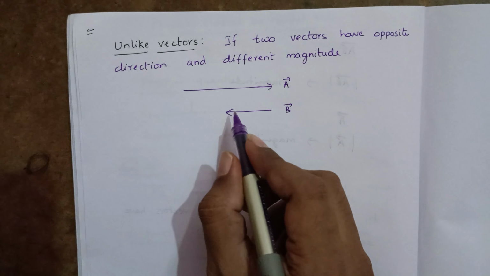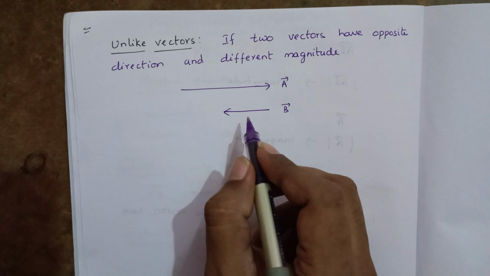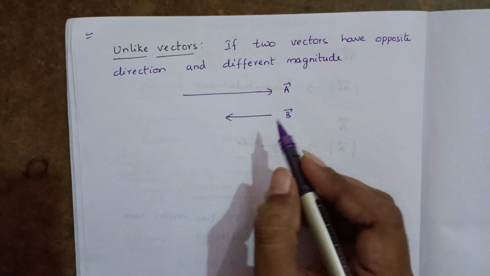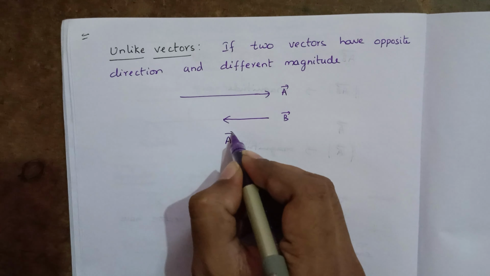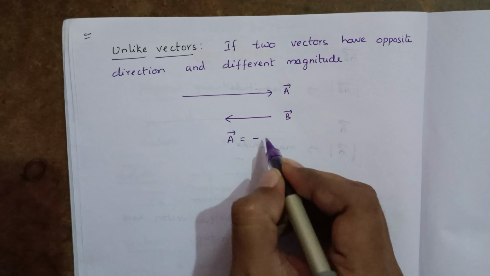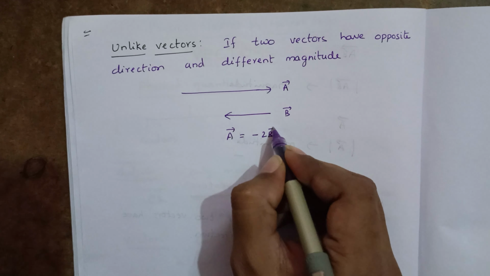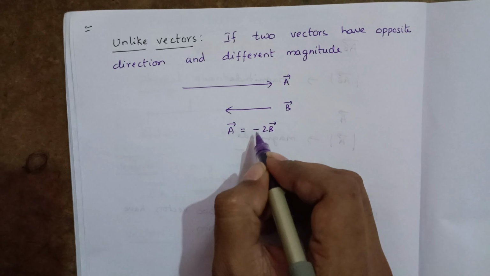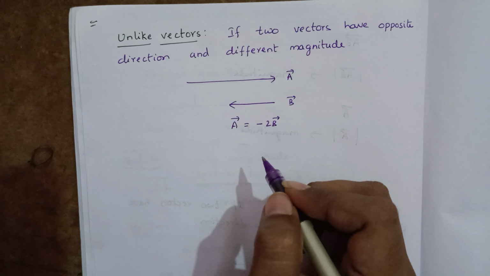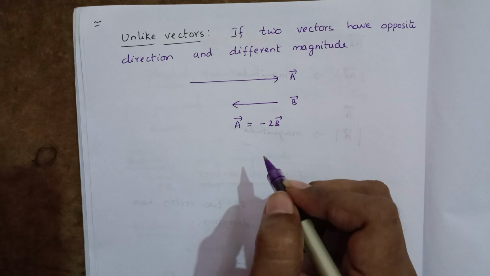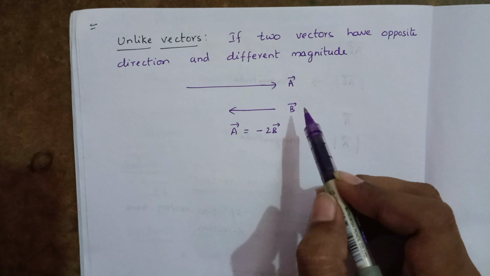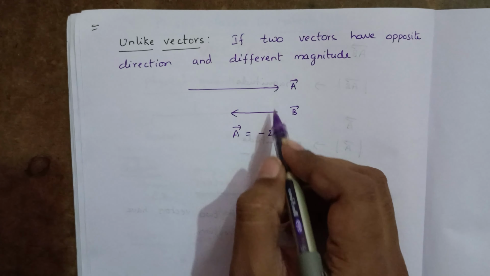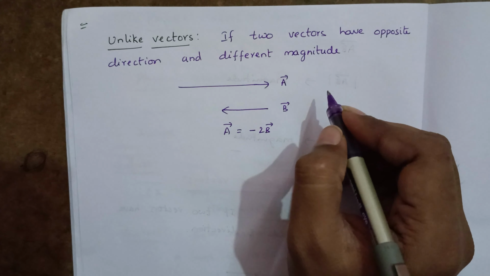It may be half, more than half, less than half, or more than A bar also. I have taken it just for example purposes. Now A bar is equal to minus 2 B bar. Minus indicates opposite direction. So these vectors are known as unlike vectors, and they move in opposite directions, as anti-parallel vectors.